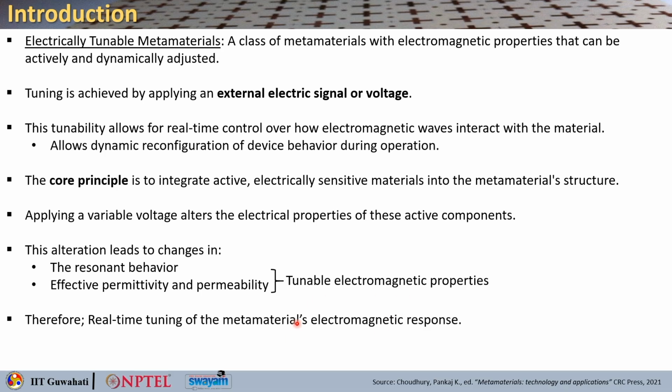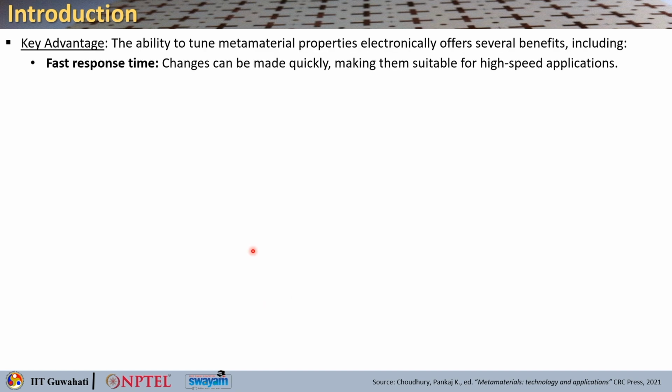Therefore, real-time tuning of the metamaterial's electromagnetic response is possible by this kind of external electrical signal or bias voltage which is being applied. Now, what is the key advantage? Why do we need to do all this? The ability to tune metamaterial properties electronically offers several benefits. The first is response time.